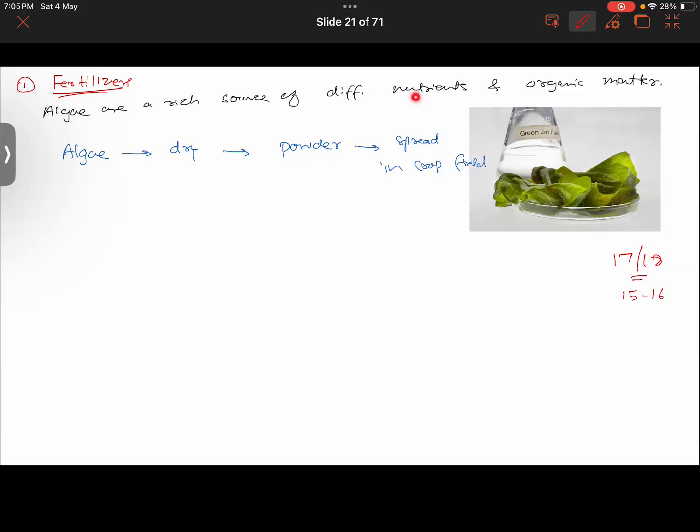It consists of both micro and macronutrients, hence it is being used by farmers as a fertilizer. Another important thing is that they are a good alternative to synthetic fertilizers. Is that clear to everyone?